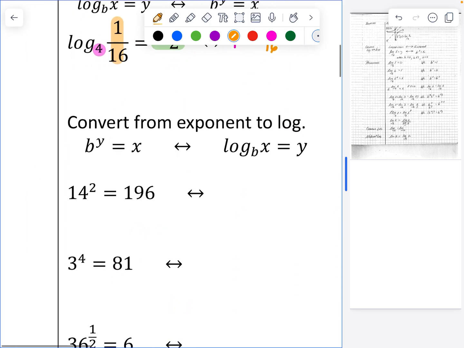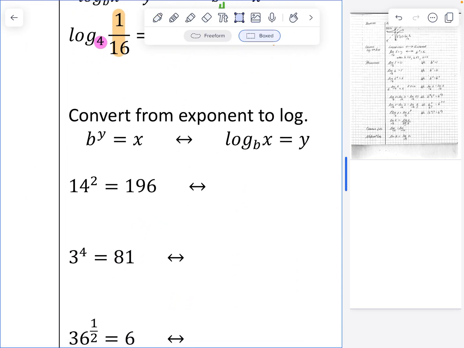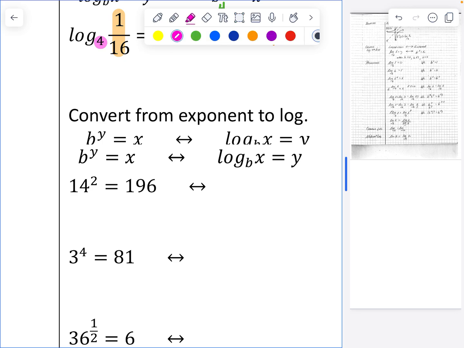All right, now we're going to go in reverse order. Now we're going to take the exponent and change it to the logarithm. So this time in our exponential equation we have a b.